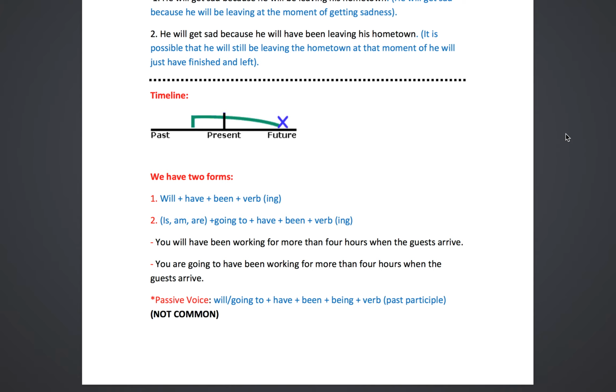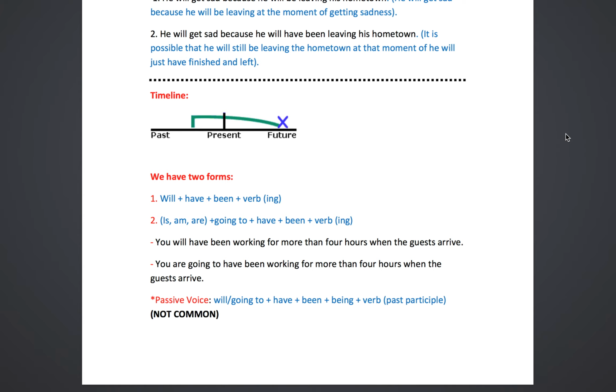The second form of future uses the going to tense. We have to have a verb to be, is or are, plus going to, plus have, plus been, which shows the perfect tense, and verb plus ing. As I said, this is used to show the progressive or continuous tense.